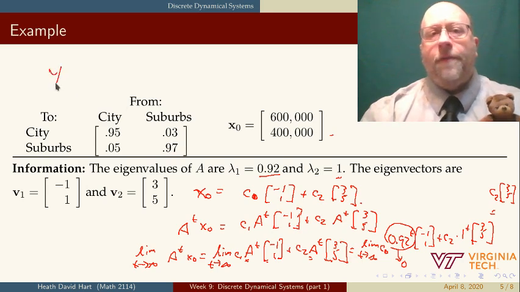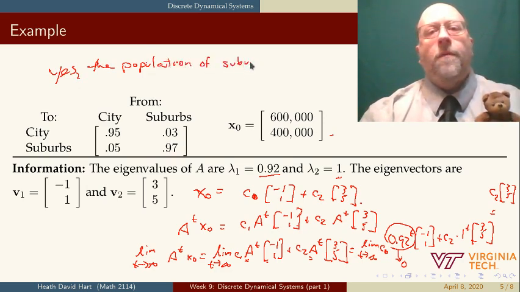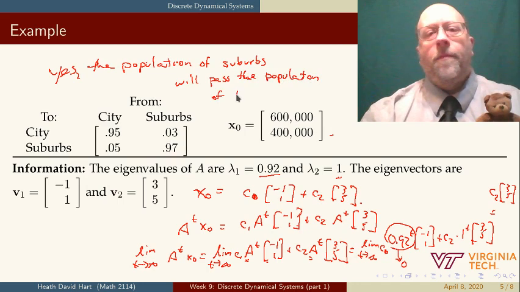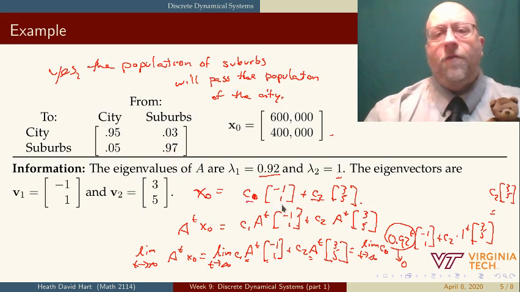And so, yes, the population of the suburbs will pass the population of the city. And we could, in fact, predict what that long-term value is approaching if we had taken the time to compute c1 and c2 up here.